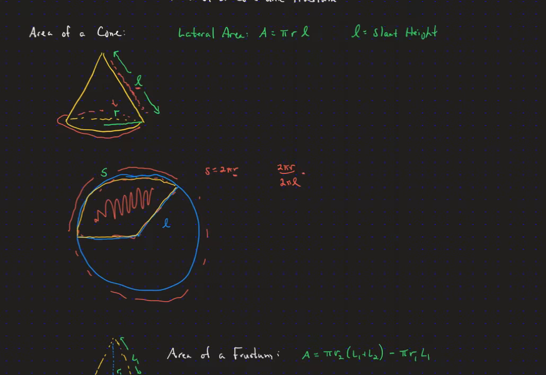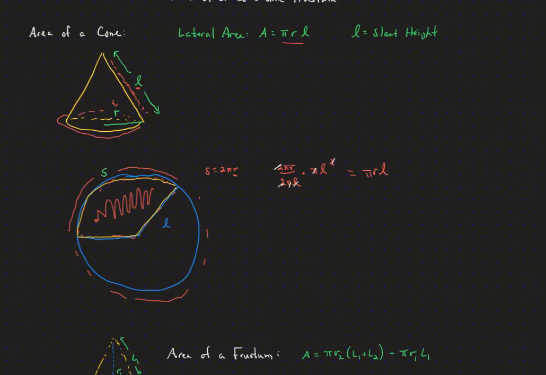That fraction times the area of the whole big circle, which is pi L squared. Then you can see that the pi's will cancel, one of the L's will cancel, and the 2 will cancel, and all that's left is our pi r L, and that is in fact the lateral area. That's the area of our cone.